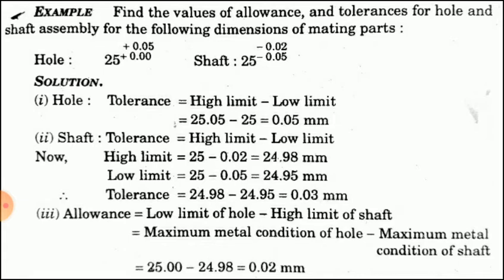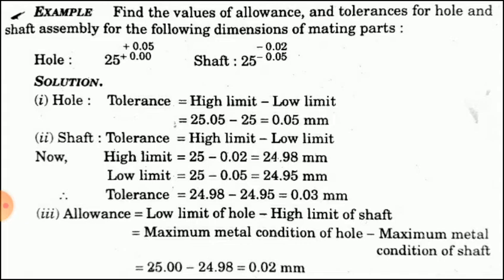For the shaft, 25 minus 0.02 and minus 0.05 are given. So for the hole as well as the shaft, 25 is the basic size, and the upper and lower limits are given. We have to find the allowance and the tolerance for the hole and shaft assembly.